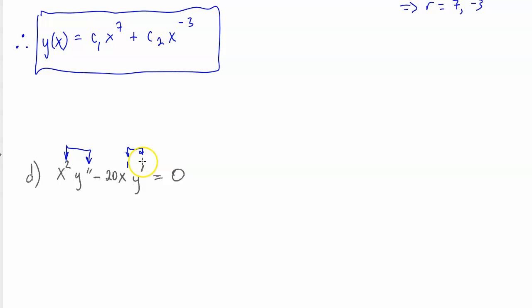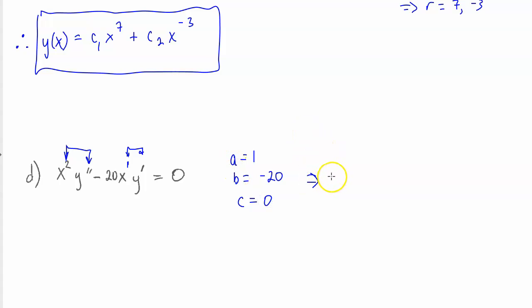So since we don't have a third term, we know that our indicial equation will have a value of 0 for the C value. So here from this, our A is going to be 1, our B is going to be minus 20, and our C is going to be 0.